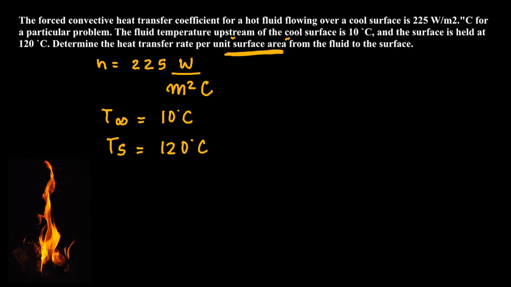Remember, what does it say? Surface area. So in your convective formula, you can put a little s in there, so this reminds you that it's a surface area. Cool? Like this represents the surface temperature, so this would represent surface area.